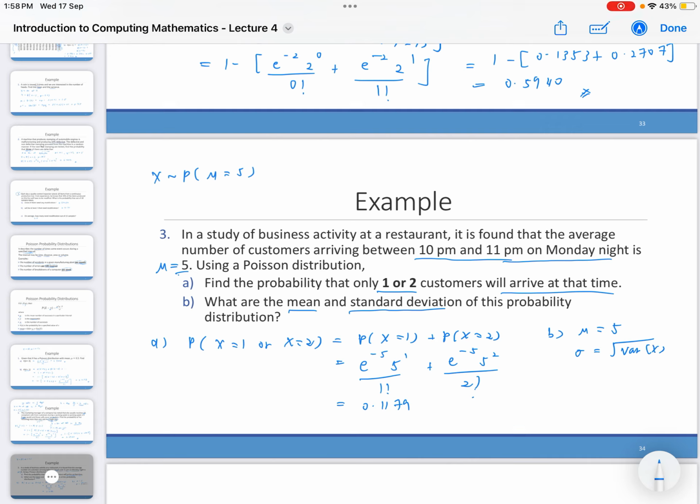Remember, for Poisson, the mean and variance are the same, so the variance also equals 5. So this is the square root of 5, which equals 2.2361.